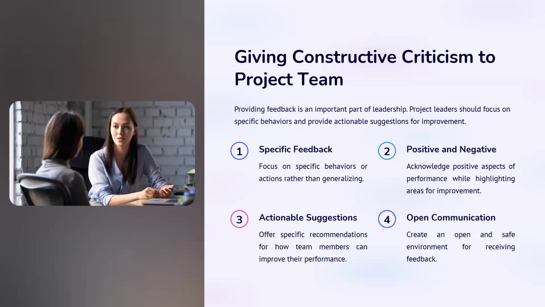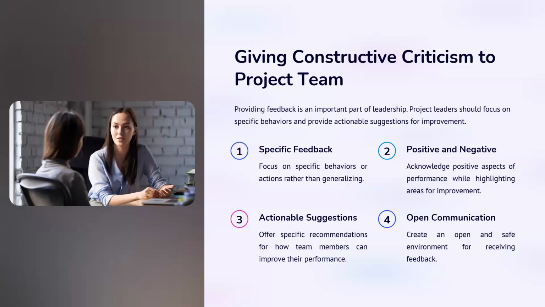And positive and negative: acknowledge the positive aspects of the performance while highlighting areas for improvement. Instead of telling them you're wrong on this, you're not the right candidate for this, you can say to the team member that this is not the right way to do it, whereas this is the right way.